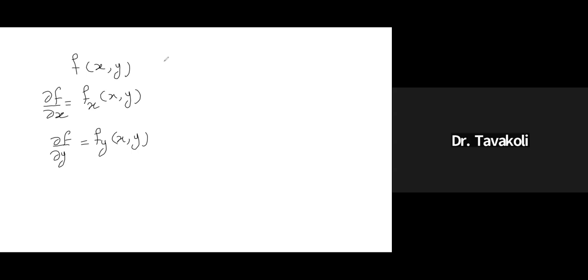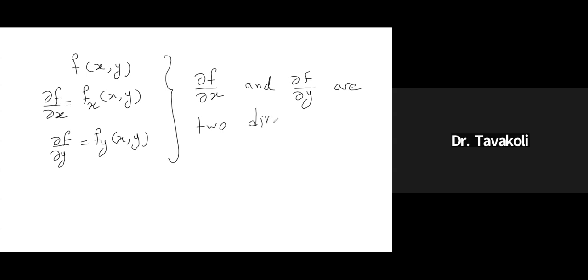So in fact, partial derivative of f with respect to x and partial derivative of f with respect to y are two directional derivatives. Just two of them. And at any point, we have infinitely many directions in the plane. So we can consider any other direction and find the directional derivatives.